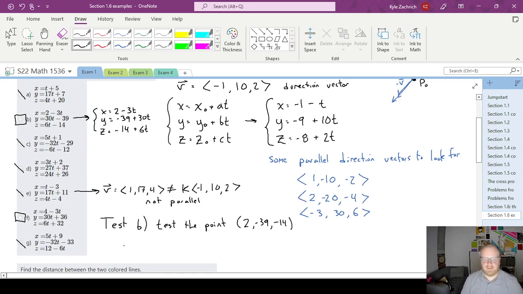So when we test our line here, we're going to get 2 equals, that's our x value, -1 minus t. Here we're going to get -39 is equal to -9 plus 10t. -14 is equal to -8 plus 2t.